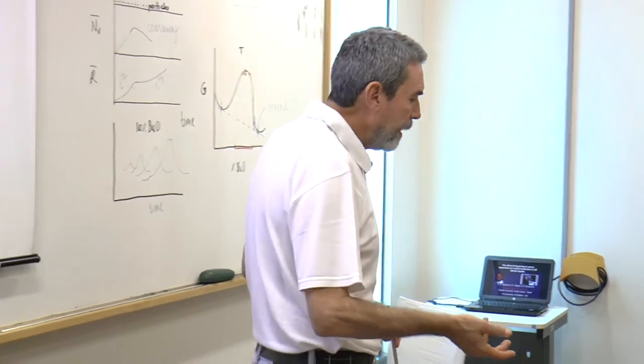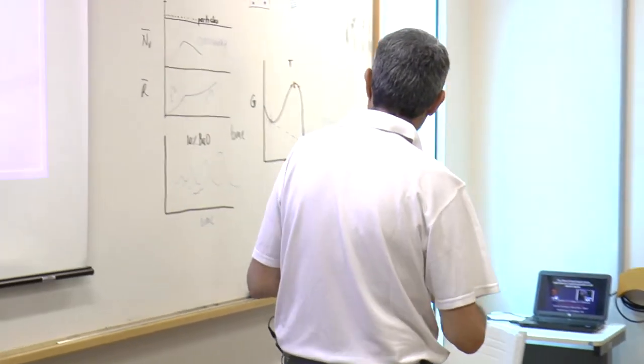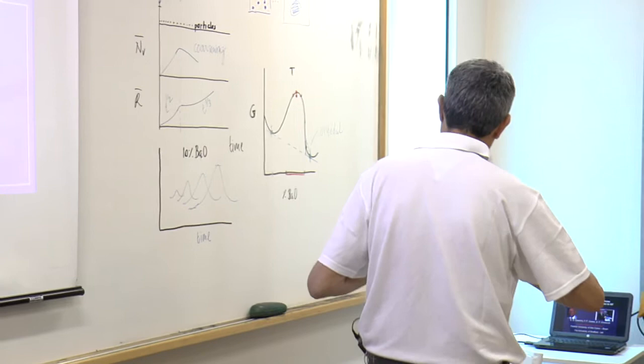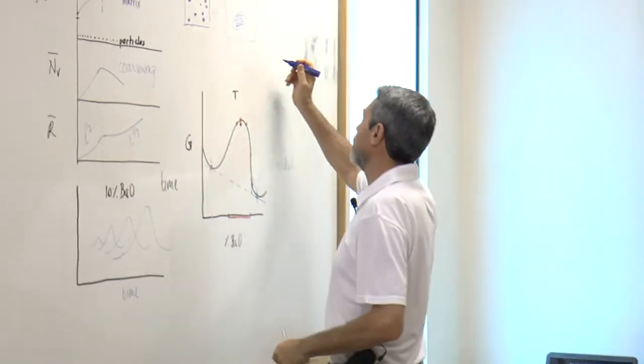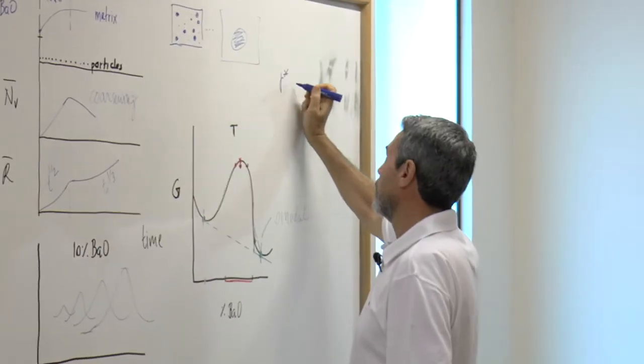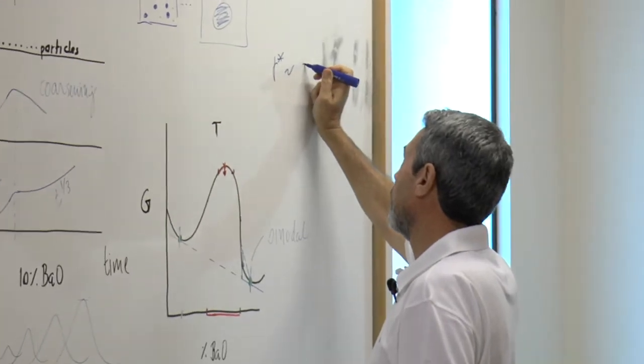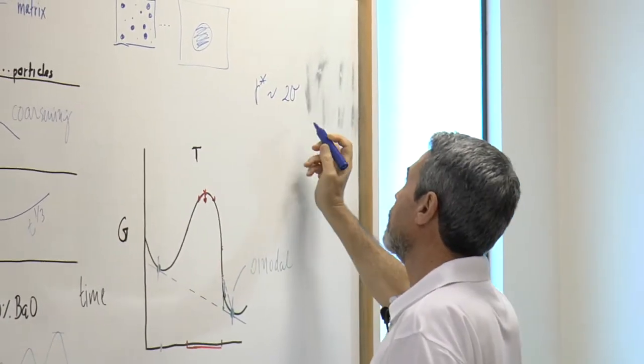There is always a minimum critical size, and we are going to see next week, but the critical size is always something like 2 times the surface energy.